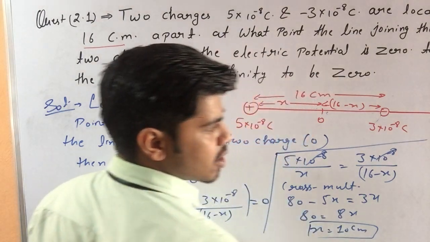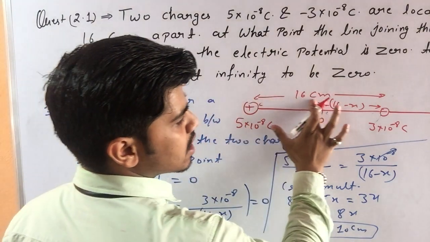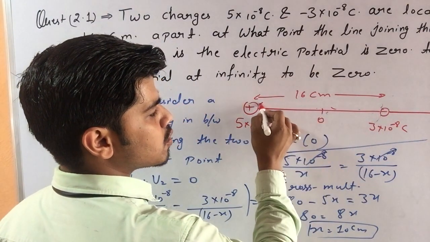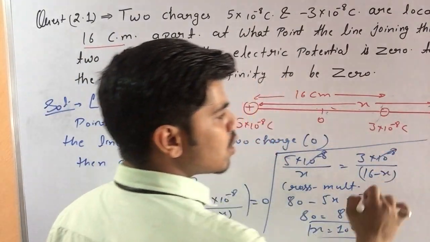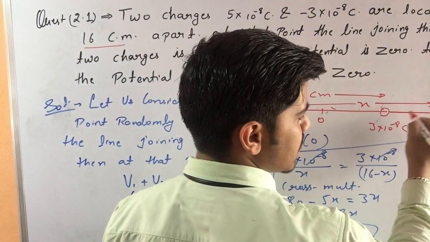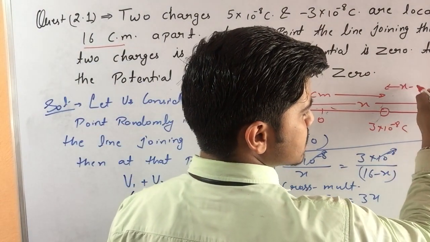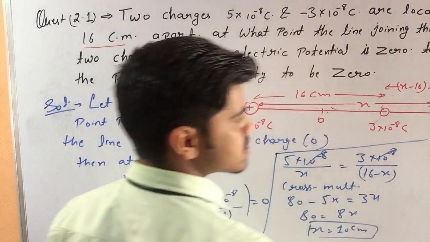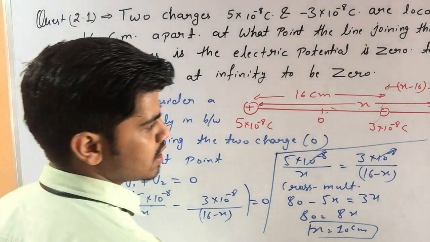Let us consider another point O dash, which is at similar x distance from the positive charge, and now the distance from the negative charge will be x minus 16.